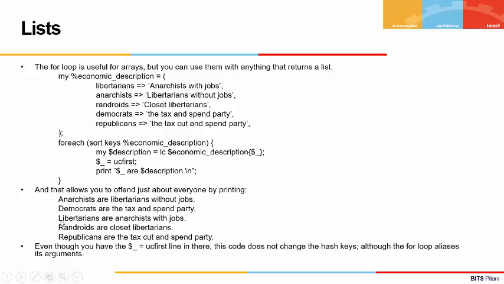The key is changed to uppercase and appended with the R, and the value, anarchists with the jobs, is added after changing it to lowercase. So the description values we change to lowercase, and all the keys we change to uppercase. This way we can print it.